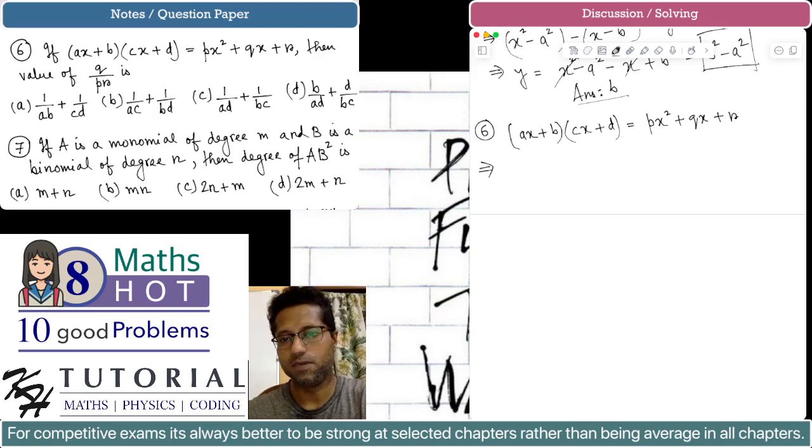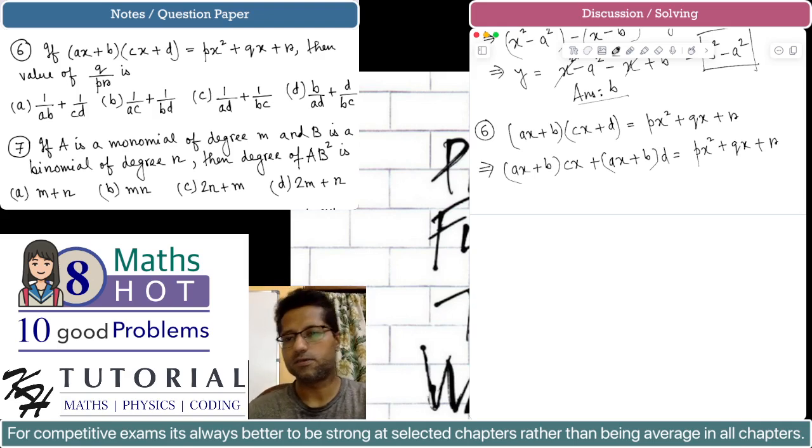So ax plus b multiplied by cx plus d, if you do the product using the distributive law of multiplication over addition, we get ax plus b into cx plus ax plus b into d is equal to px square plus qx plus r.